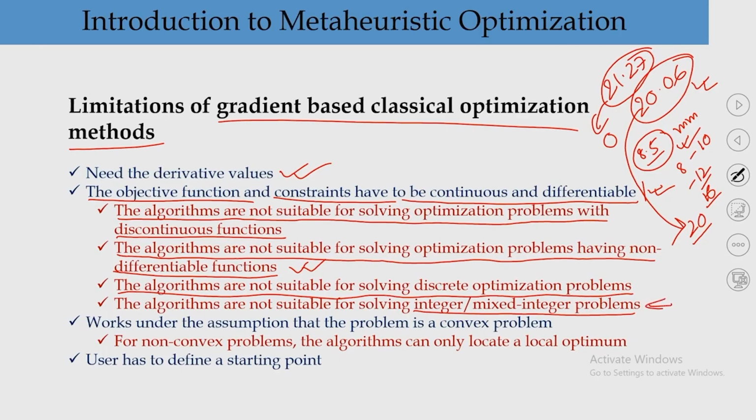Okay. Then the other limitation is that they work under the assumption that the problem is a convex problem. I have already explained that when we derive these algorithms, we said that the function is a convex function, and we have only one optimal solution if the function is convex. We have already discussed what is a convex function and what is a non-convex function. So, the entire problem is a convex problem.